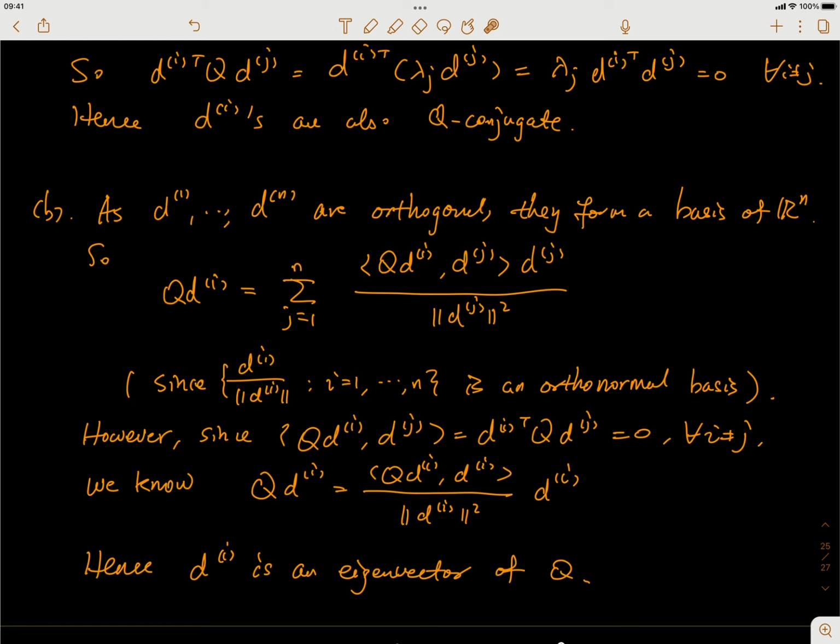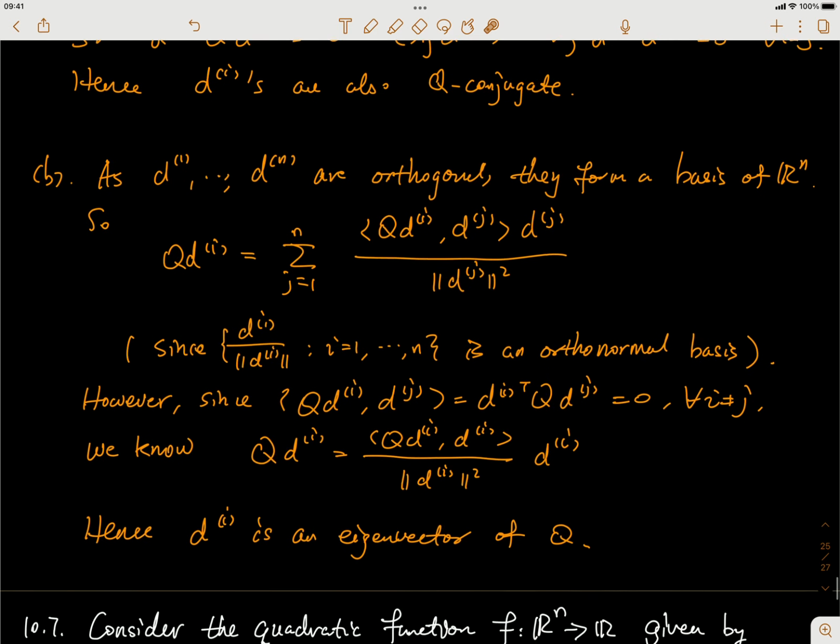When we look at the terms in the sum, we realize that only one term lives, because the di and dj are Q-conjugate to each other. So this is 0 unless i is equal to j. That means there's only one term on the right-hand side, and that term is this one. Now look at this term: it is nothing but a scalar. And Q di equals some scalar times di, which means di is an eigenvector.